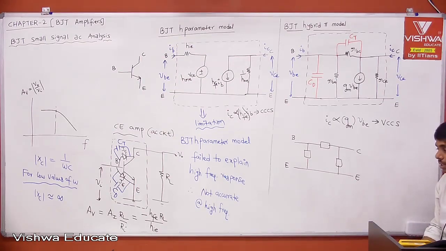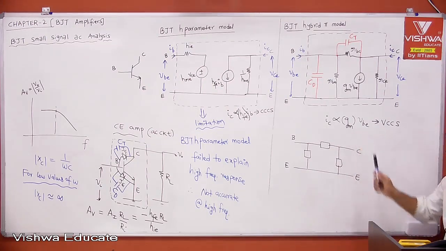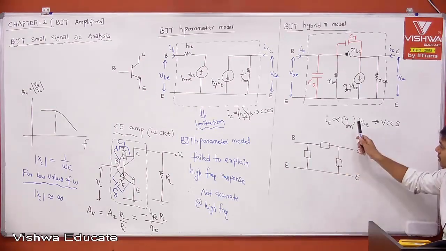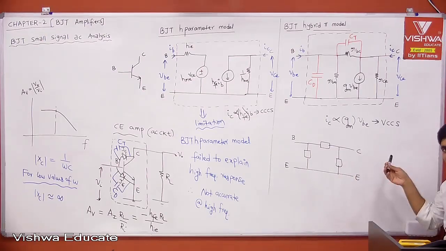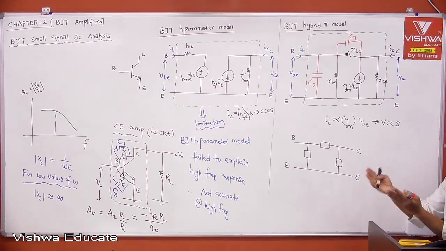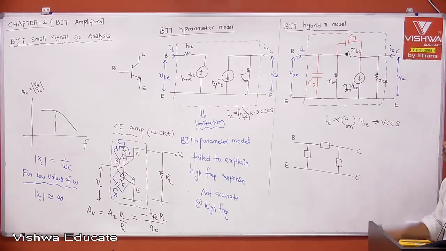But sometimes the H parameters are not given, then GM will be given. Then we need the relation between H parameters and GM. Once you know it, if GM is given, we can calculate the voltage gain. Therefore we should know the relation between the H parameter model and the hybrid pi model. If you know that, problems are over.